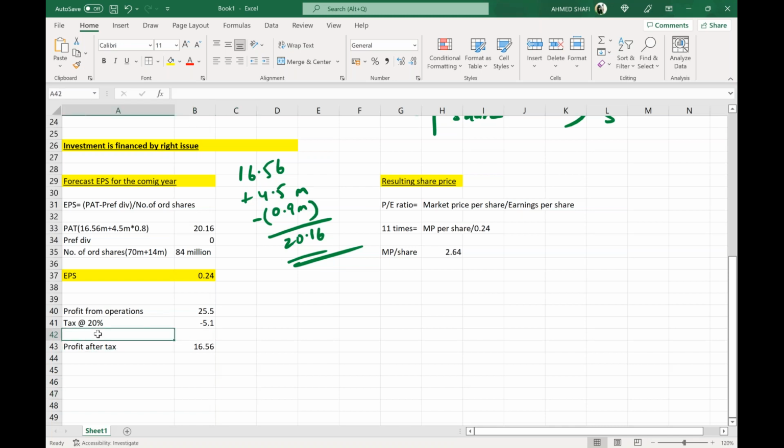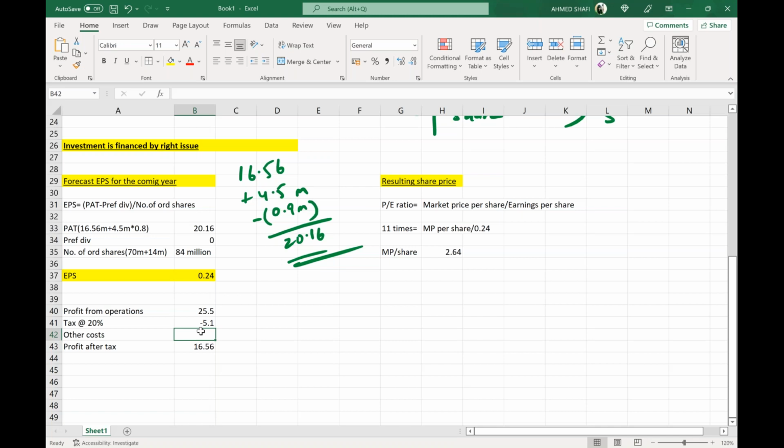That means there are definitely some other costs as well, which neither I know, nor you know, nor the examiner knows, because he hasn't mentioned them. But taking common sense, 25.5 million is the profit, 20% is the tax, that's 5.1. If you deduct, it never produces 16.56. So to reach 16.56, which is the given PAT, there are some other costs as well. How much are the other costs? 25.5 minus 5.1 is 20.4.